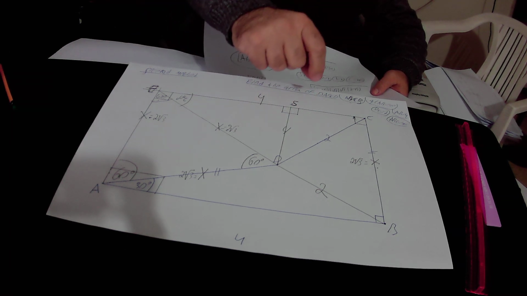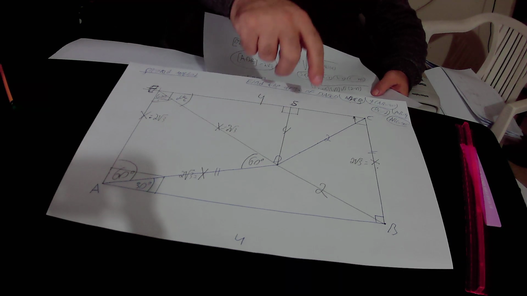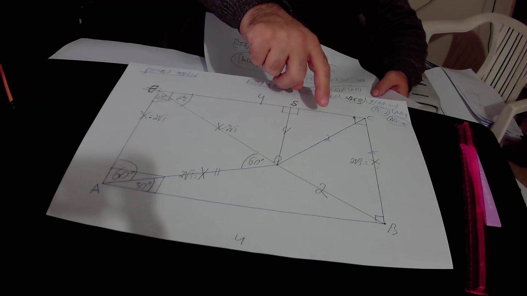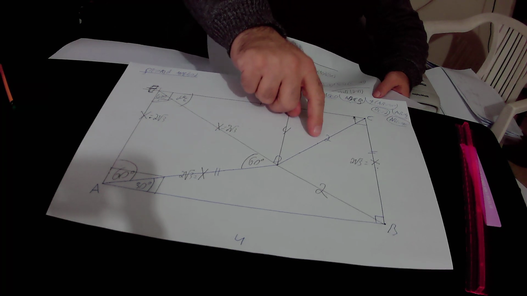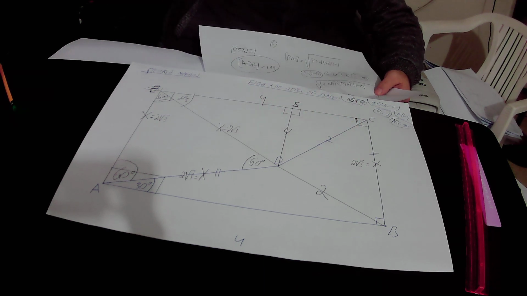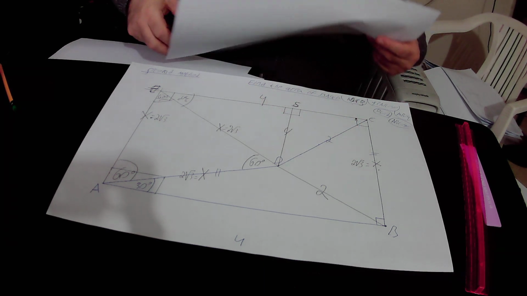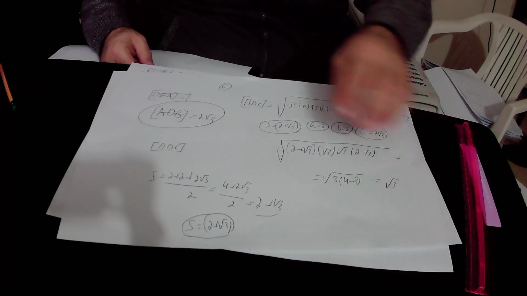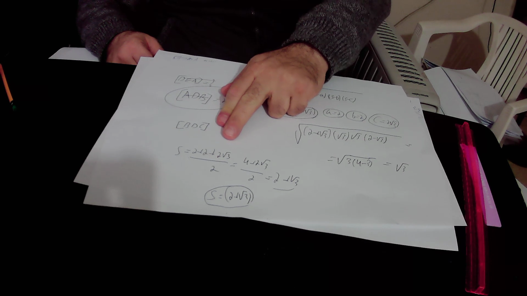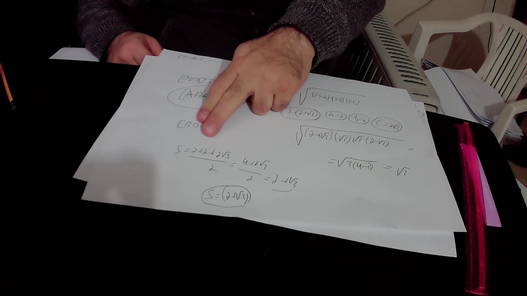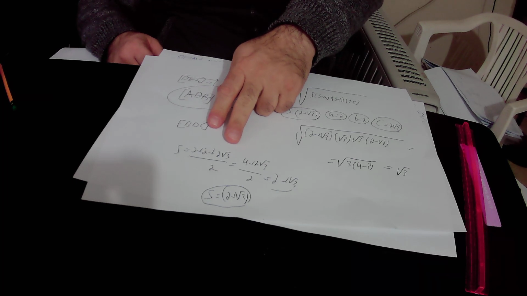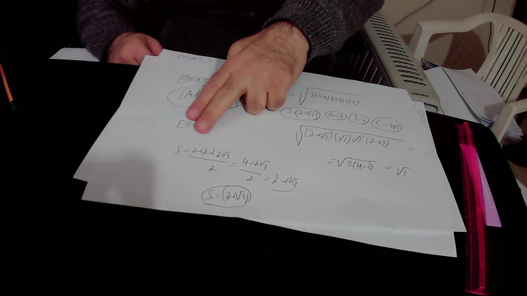The perimeter of triangle CDE is the sum of its sides, that is 2 plus 2 plus 2 times square root of 3, and when we divide it by 2, we get the semi-perimeter.